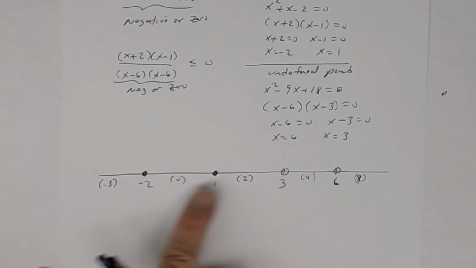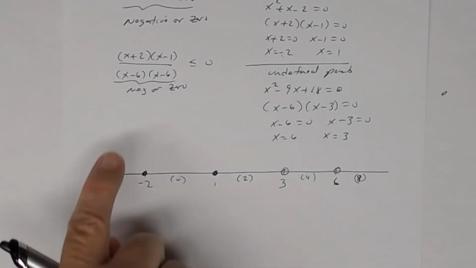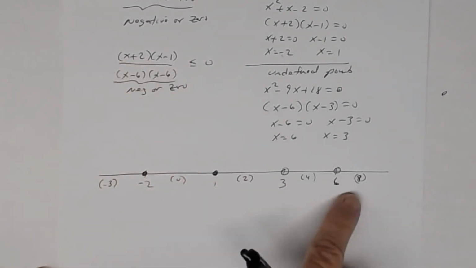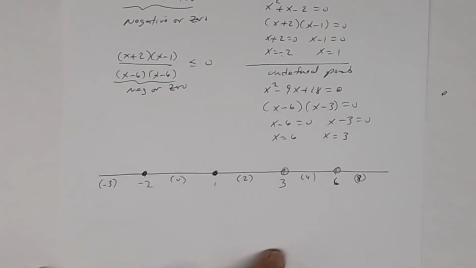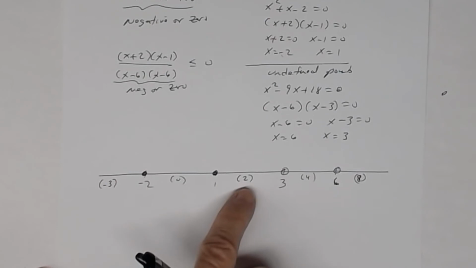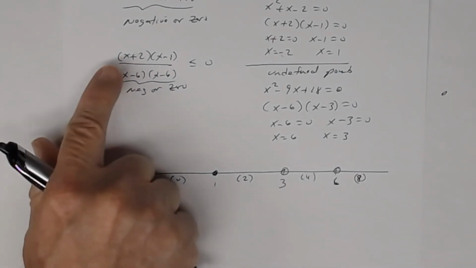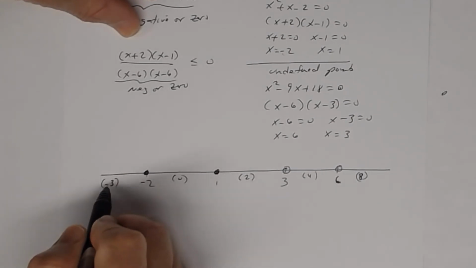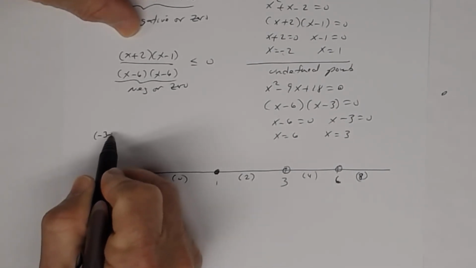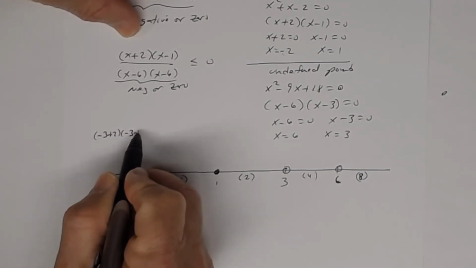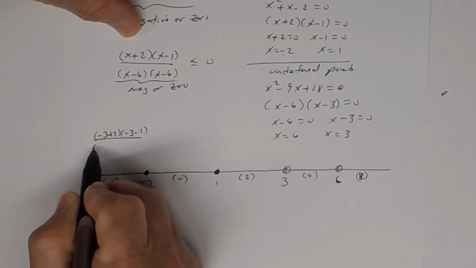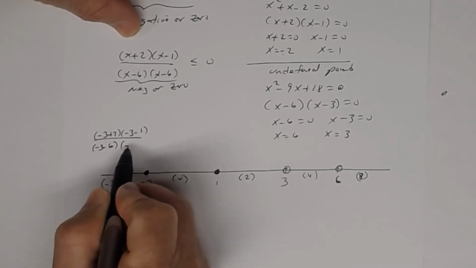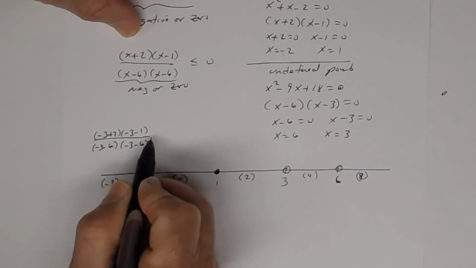And now what we do, it's a little bit more work because you have 4 factors here and an extra test point to deal with than you did previously. So we have to take each of those test points and substitute into these 4 factors. So let's go ahead and do that. So negative 3: we have negative 3 plus 2 times negative 3 minus 1 divided by negative 3 minus 6 times negative 3 minus 3.